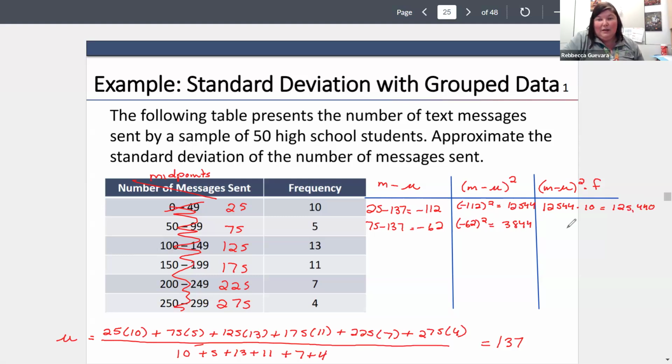Now we take that 3,844 and multiply it by 5, and that gives me 19,220. Like I said, we should keep repeating this for all our data, but I just want to give you a few examples of that.